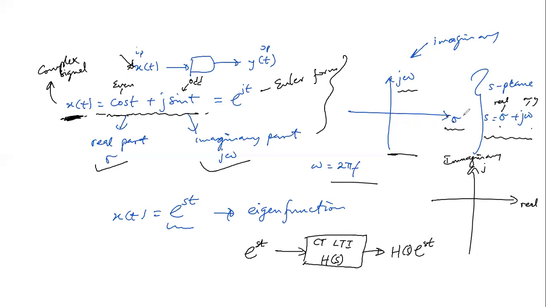If I represent my complex signal in terms of the s-plane, then I'm going to have this rather than this.